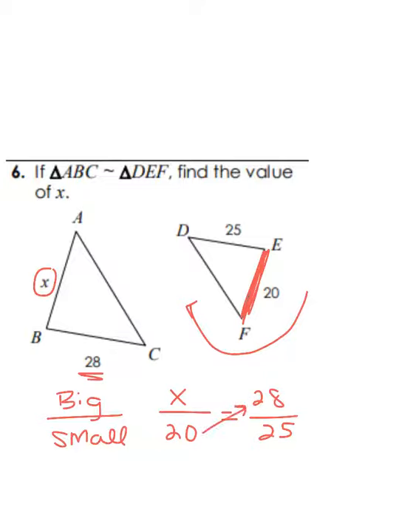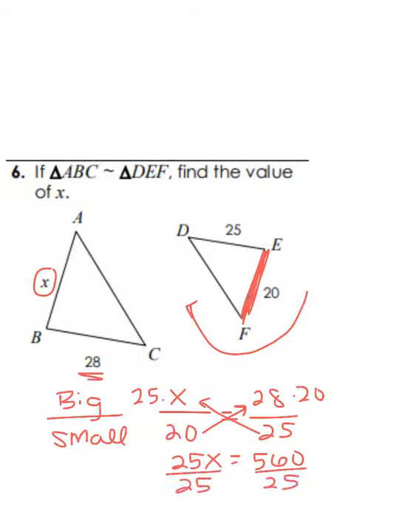You can get rid of a denominator by multiplying. So I'm going to multiply 20 over here. 28 times 20 is 560, and then 25 times x is just 25x. So I got rid of both denominators by multiplying and then divide by 25.